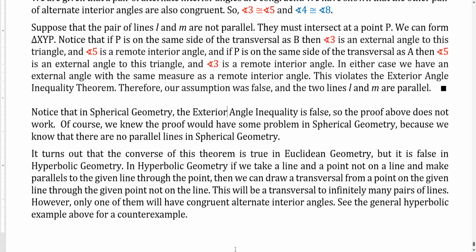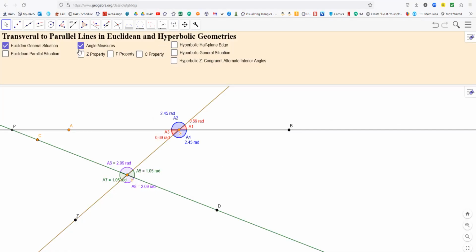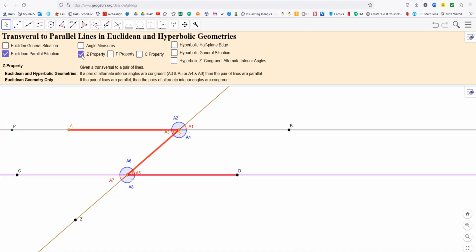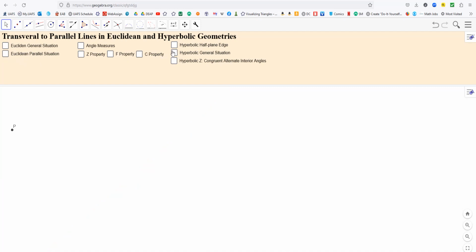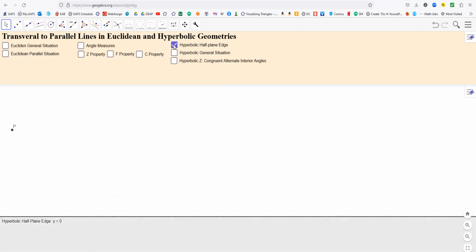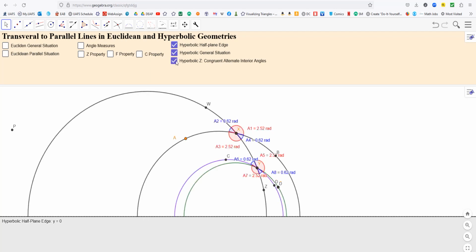Okay, so if we look back here, let's look at the Euclidean parallel situation. There's the Z, there's the F, there's the C. Okay, let's look at the hyperbolic situation. There's the general situation. Here's the Z situation. So here we have a line.